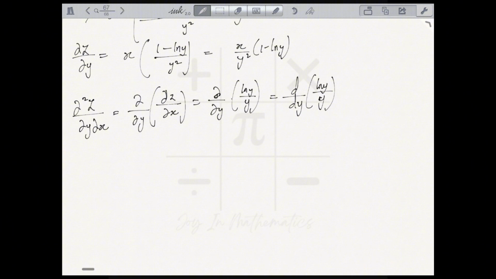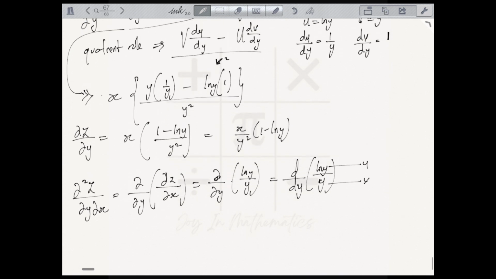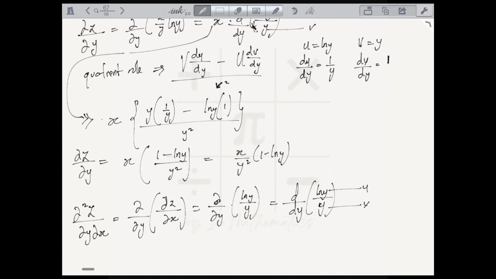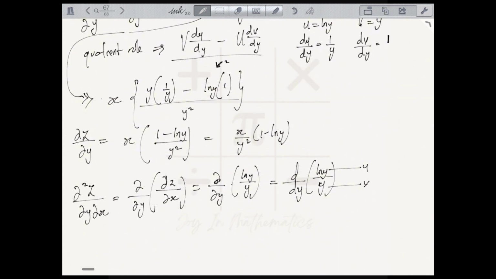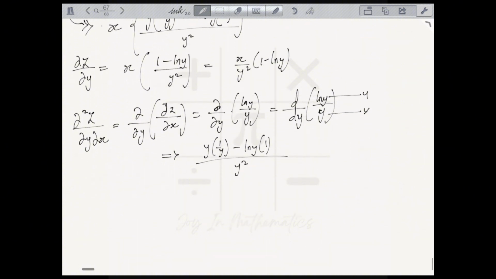So with that done, we say again that this is our u and this is our v, and we repeat the same quotient rule as we've done before, and we can say that this is equal to y into 1 over y minus ln y into 1 divided by y squared, and this is equal to 1 minus ln y divided by y squared.